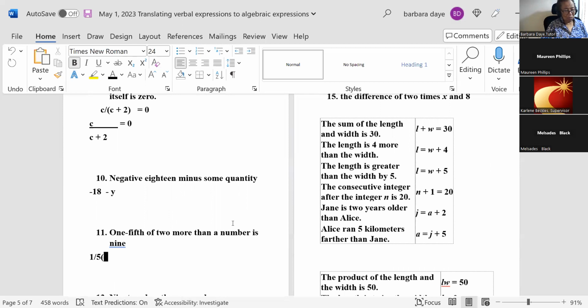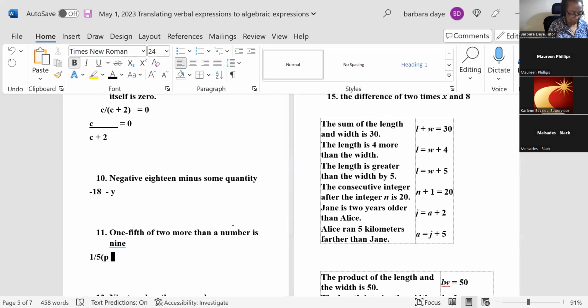Let's say the number is P. So P, plus, now add the 2.